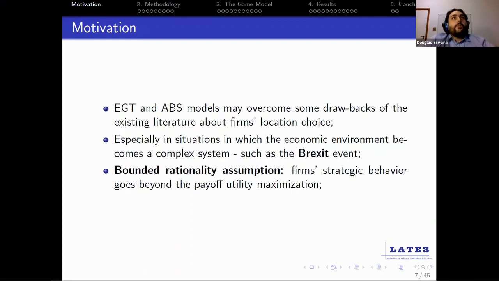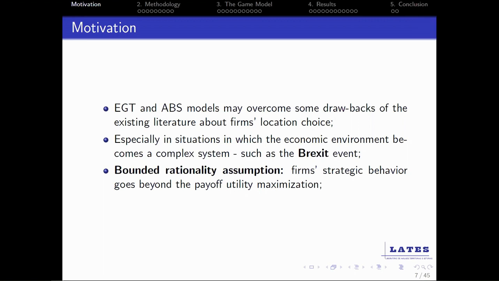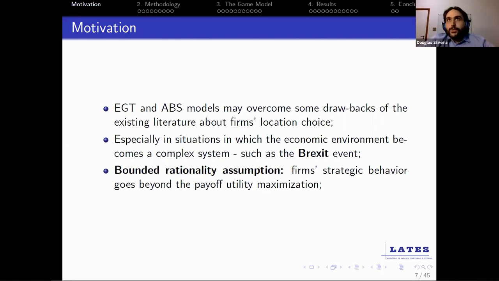So both evolutionary game theory and agent-based simulation models may overcome some drawbacks of the existing literature about firms' location decisions, especially in situations in which the economic environment becomes a complex system, such as the Brexit event. And here, as I said, we are following this approach in which firms are assumed to be boundedly rational, and then firms' strategic behavior goes beyond payoff utility maximization.